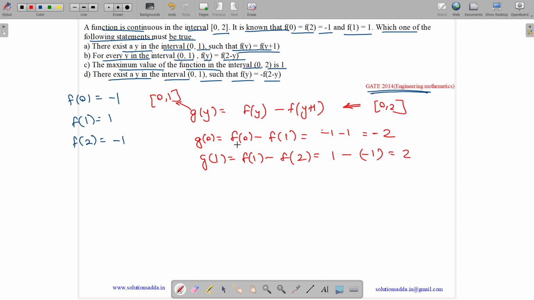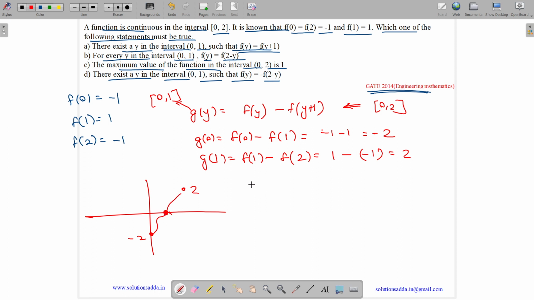Okay, and this was f(0) was minus 1 and f(1) was 1. And here also f(1) was 1 and f(2) was minus 1. Now this g graph can be plotted something like, for 0 we get a minus 2 value and for 1 we get a 2 value. So here there will be some point where this graph will intersect the x-axis.